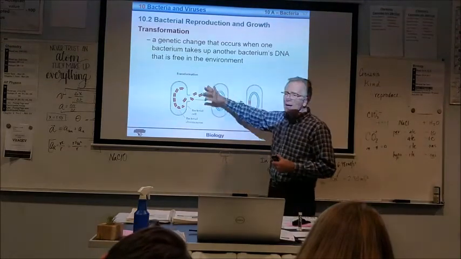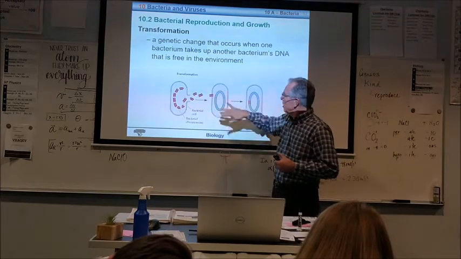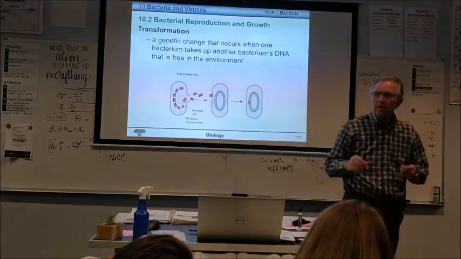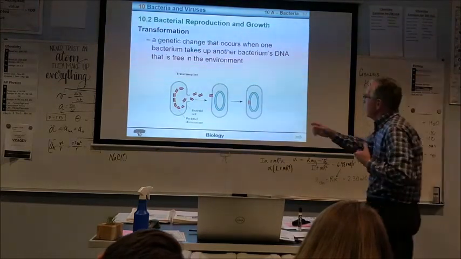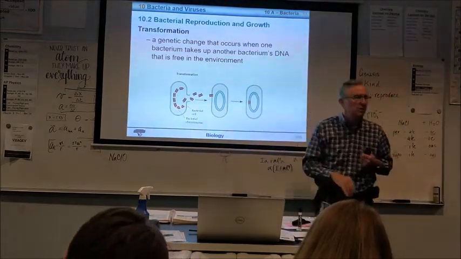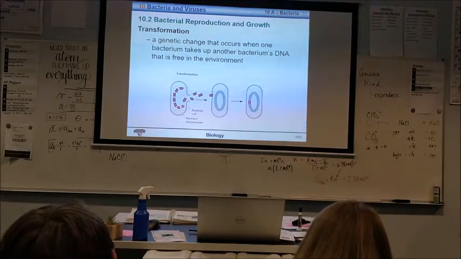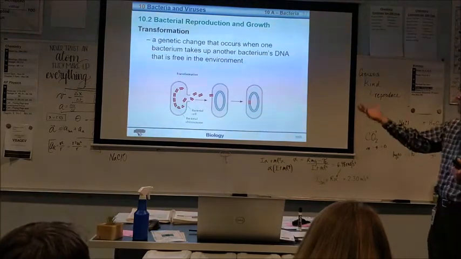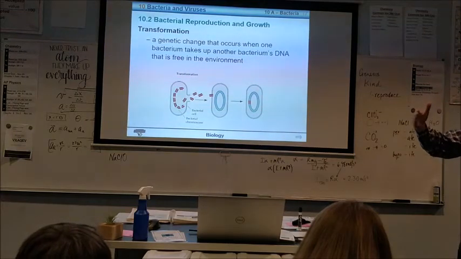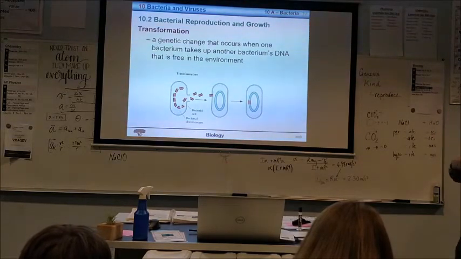This stuff is floating out in the environment, and it happens to touch one of the bacteria, and that bacteria then pulls that genetic material inside and incorporates it into its own genetic material. So that's going to provide for variety, because it now has some genetic material that didn't come from itself. So that's going to provide, like I said, genetic variation. So we kind of have two ways that we can get bacteria to vary a little bit from one generation to the next.